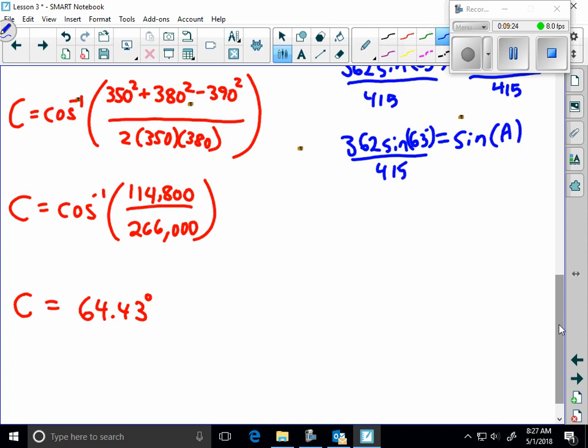Inverse. Well, not cosine, right? This is a sine. Yeah, so I'll do the inverse sine. So the measure of angle A will be the inverse sine of 362 times sine of 63 over 415.